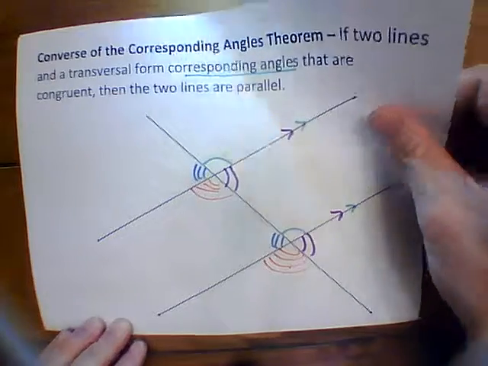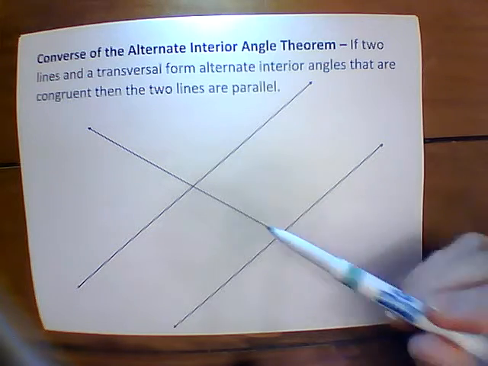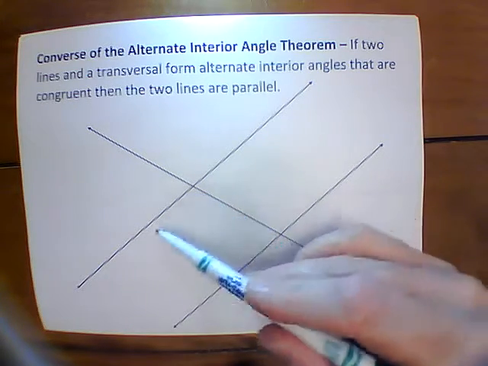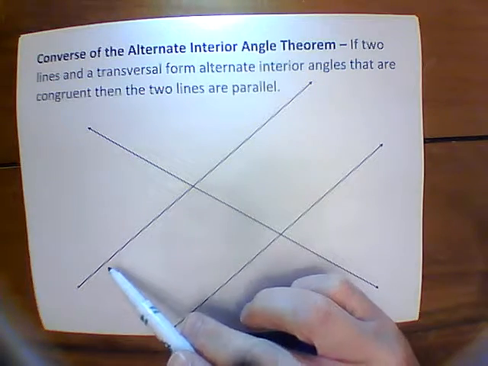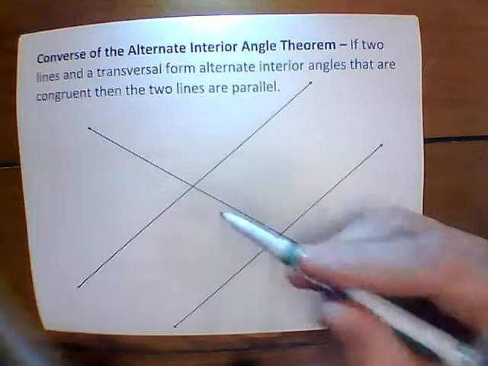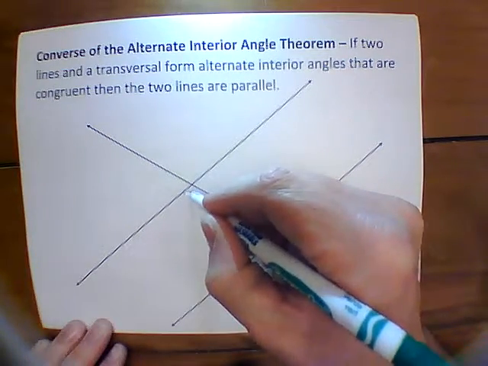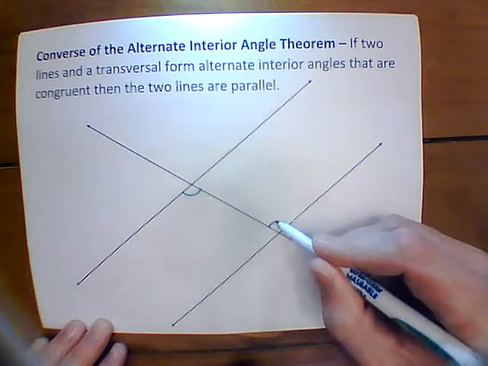The next converse we're going to look at is the converse of the alternate interior angle theorem. So if you remember, alternate interior angles are angles that are on the inside of the two lines. Sorry, they're not parallel yet. They are the angles on the inside of the two lines and on opposite sides of the transversal. So this is one angle. The alternate interior angle to that angle is this angle.